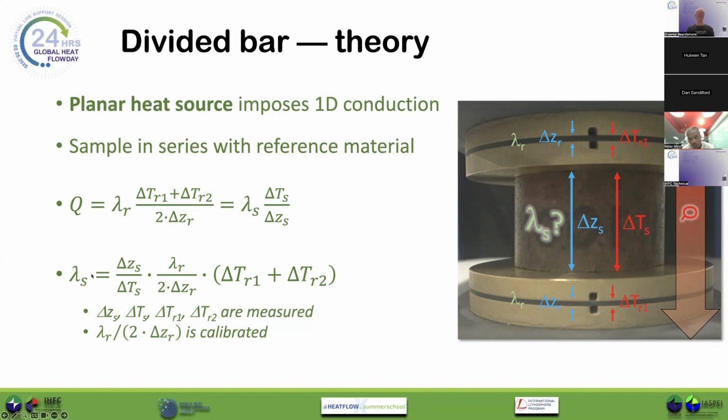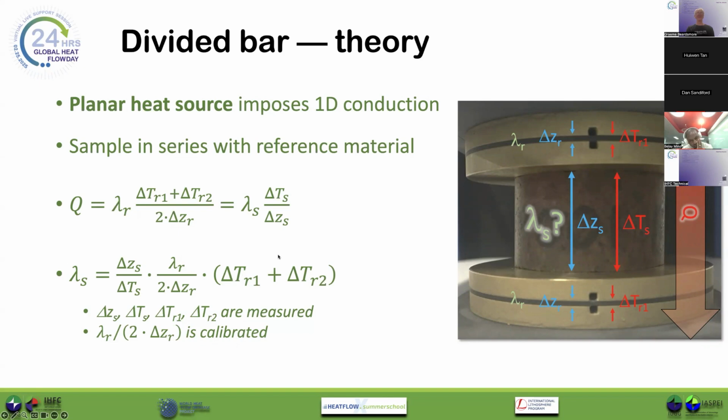Lambda of sample is the thickness of the sample divided by the temperature drop across the sample, multiplied by this, which is really a calibration constant, which is determined by carefully calibrating the instrument, and then that calibration constant remains constant for the life of the instrument.